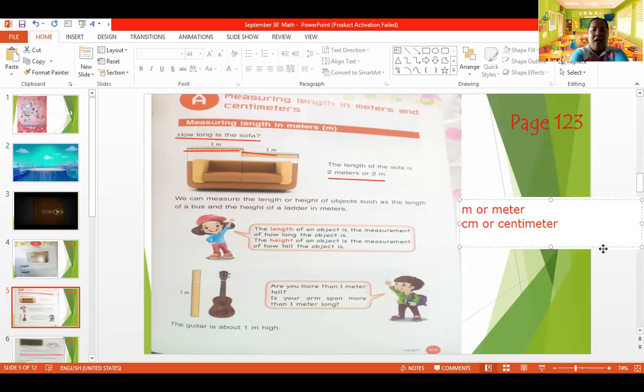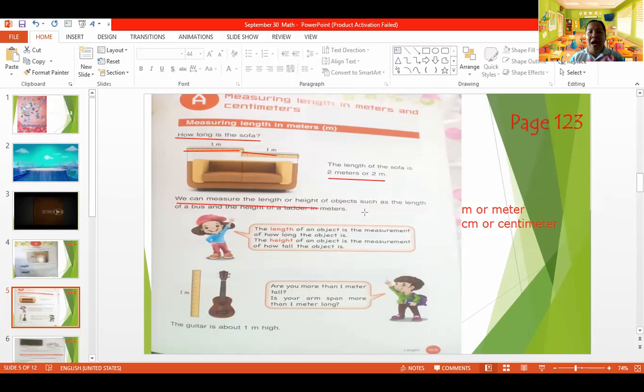And km is the same too. Later on, I will go with km. 1 m is still the same as 1 meter, or 1 cm the same as 1 centimeter.